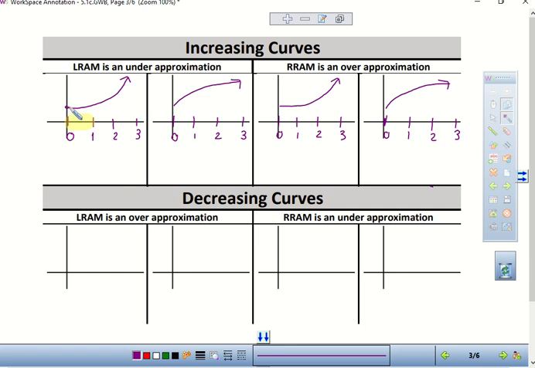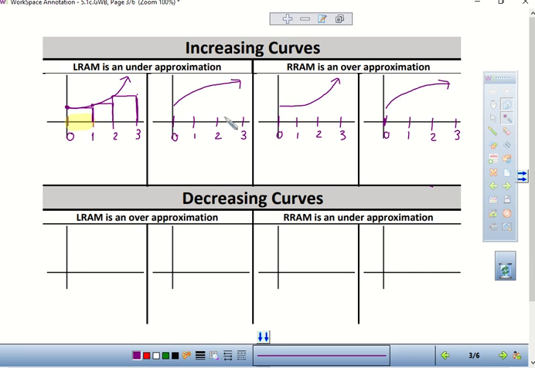So you see how at 0 we're here, okay? LRAM gives us that height of that rectangle. We use the height at 1. And then for 2 to 3 we use the height at 2. So do you see how LRAM is always an under approximation when the function is increasing?